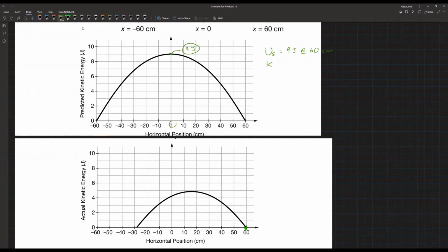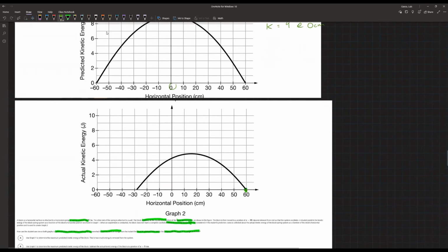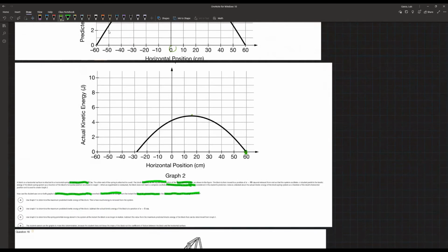And it's going to be perfectly converted into kinetic energy, and we would have 9 joules of kinetic energy at this 0 centimeter mark. That's the case here. What we notice is that when we reach our maximum kinetic energy here, we really have about 5 joules of kinetic energy.